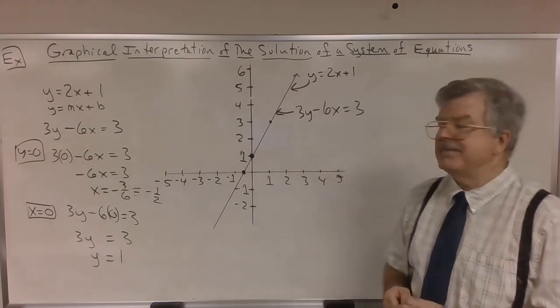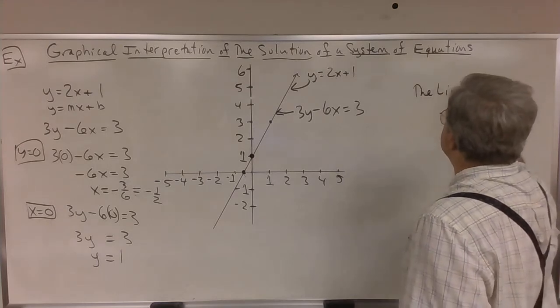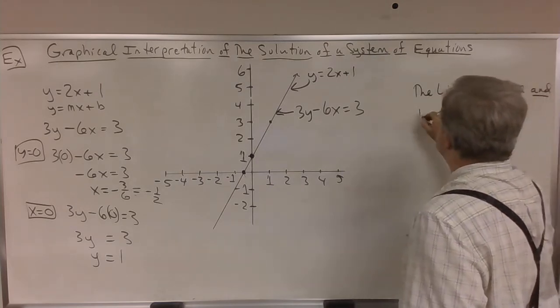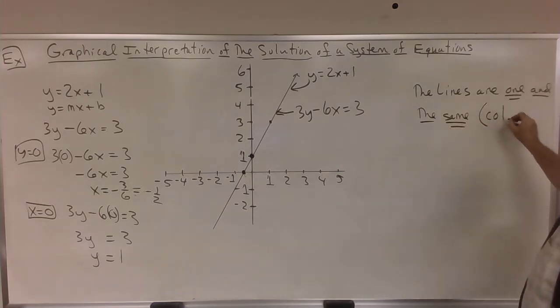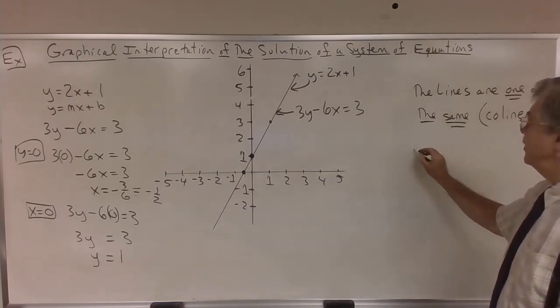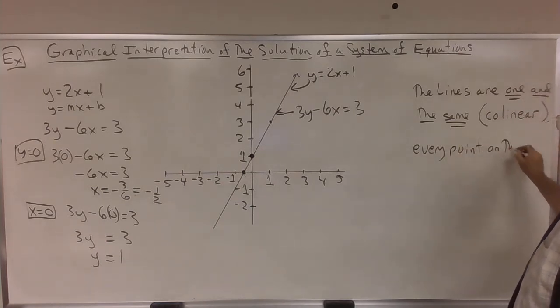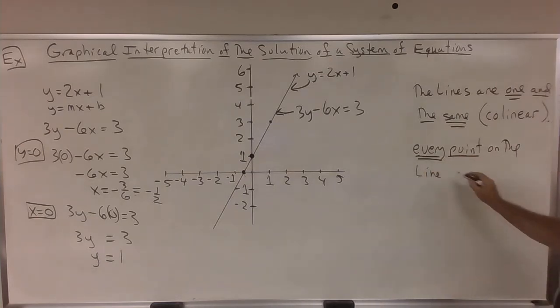There are infinitely many solutions. Sometimes we call these things collinear. So every point on the line is a solution to both equations.